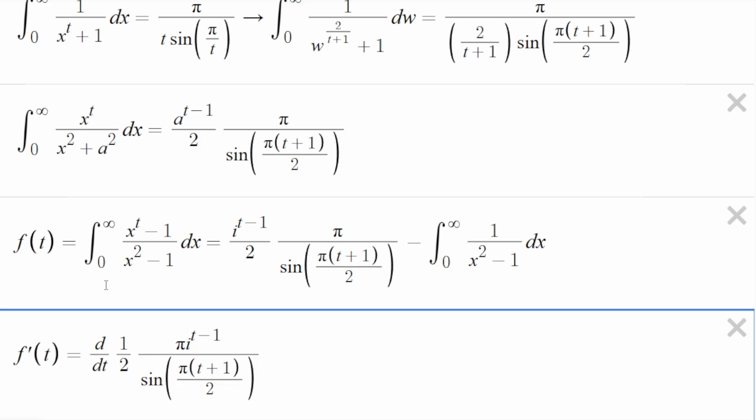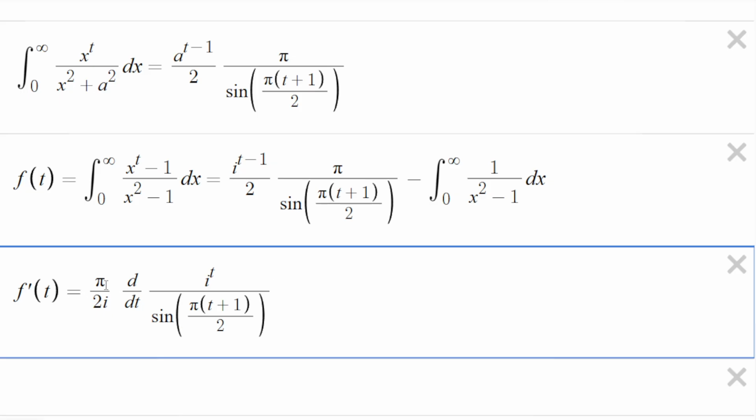We get 1, and then we can bring a pi over 2 outside. And what else can we bring outside? Don't forget, i to the t minus 1 is i to the t times i to the negative 1, which is in fact a constant. So we can just write that as pi over 2i times the derivative with respect to t of this. So let's do the work.